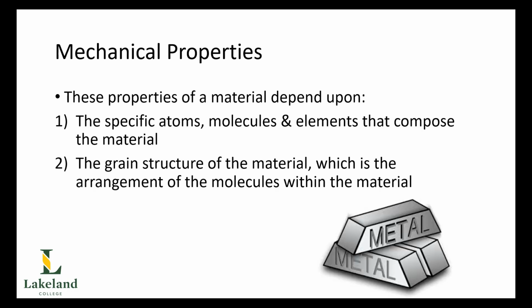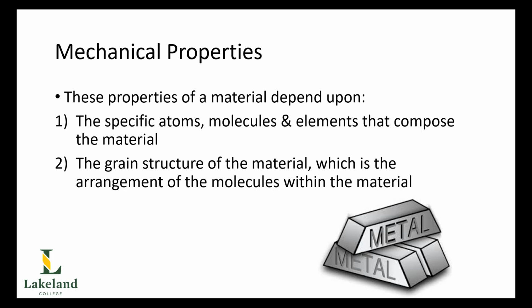So with regard to mechanical properties of a material, we can describe materials based upon their properties. And the properties depend upon 2 distinct features of the metal or the material. That is, first, the specific atoms, and by this we're talking about the type of element it is, and also the arrangement of those atoms, which we'll talk about in a later objective.